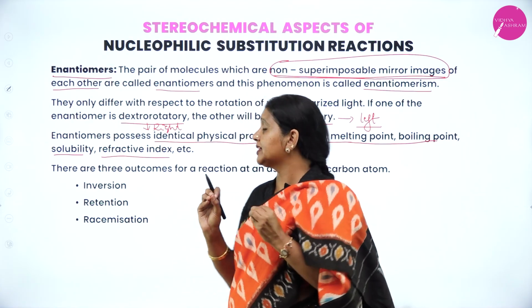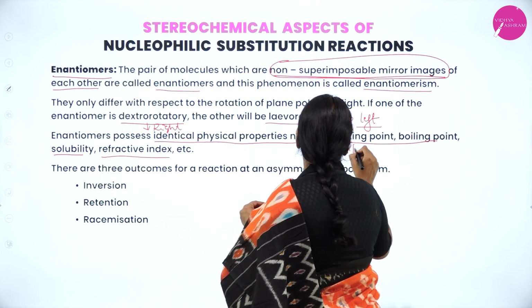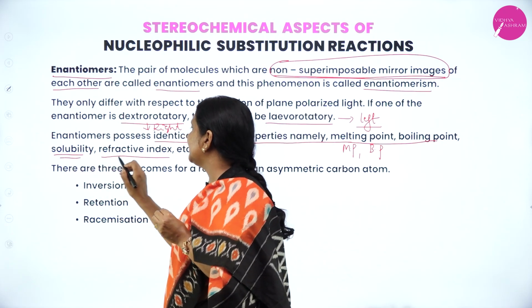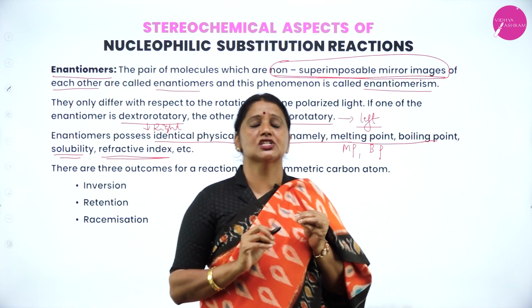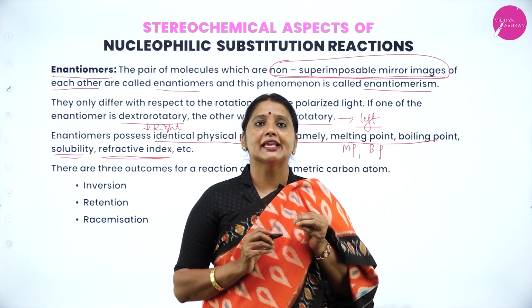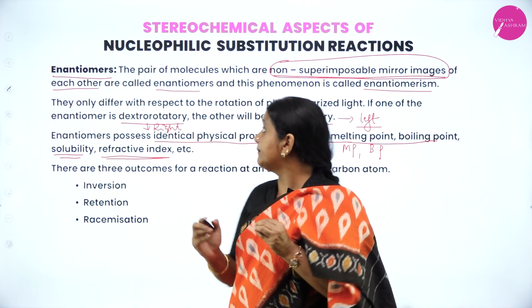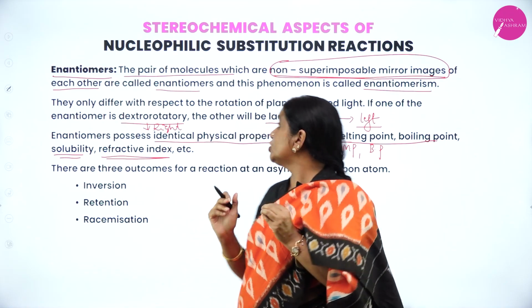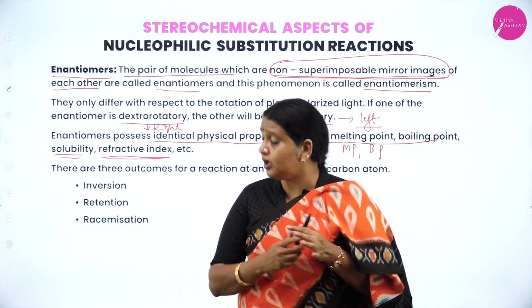But their physical properties are identical. Therefore, a very compulsory question for your board exam: what are enantiomers? Once again I will repeat, these are a pair of molecules which are non-superimposable mirror images, called enantiomers.